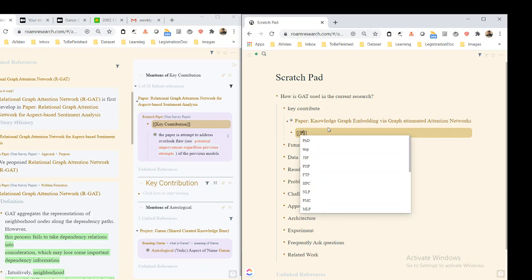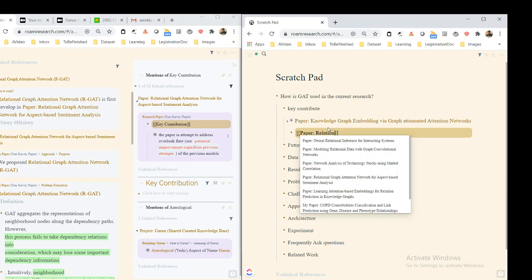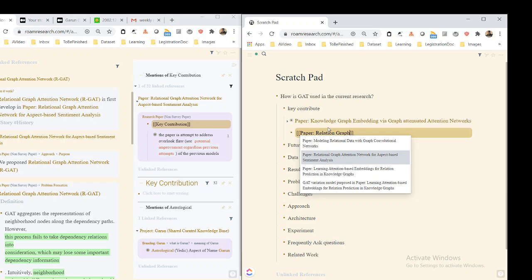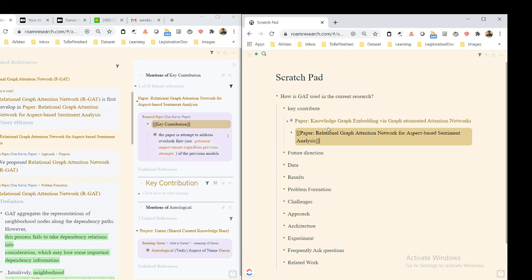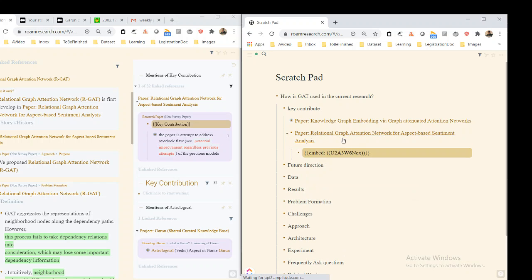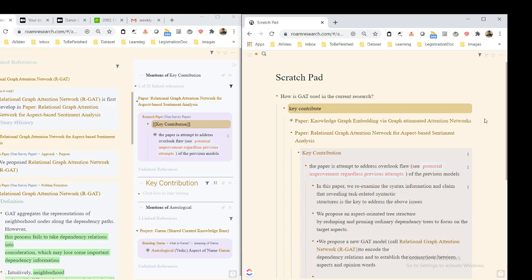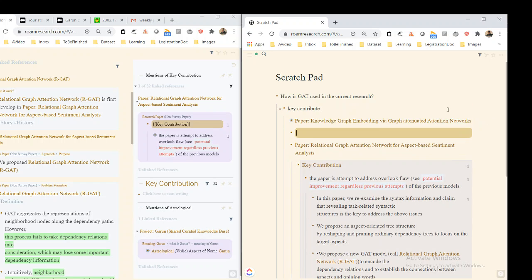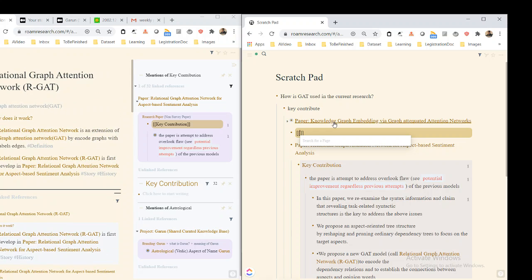I'll just say there's a paper here on relational graph attention. And maybe I would make some notes on the fact that this is not really the GAT, it is actually an RGAT.